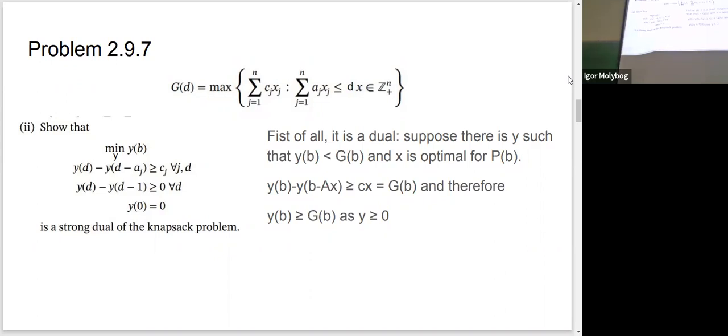We can do this once again for a1, and then we can start doing the same procedure for c2, and so for the second and for the third variables, and eventually by doing this we will get to the inequality that y of b minus y of b minus a transpose x is greater than or equal than c transpose x. Sounds good? Any questions? I can actually explain this once again if it's not clear.